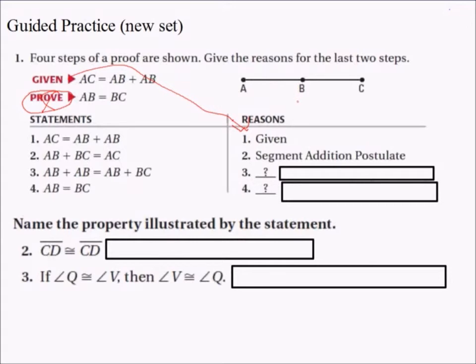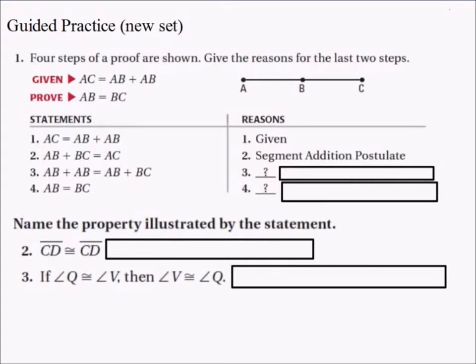So two smaller sticks equal the big stick. And that's what I told you segment addition postulate is.